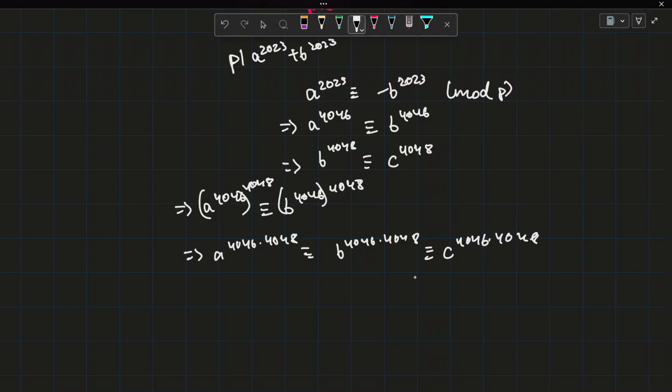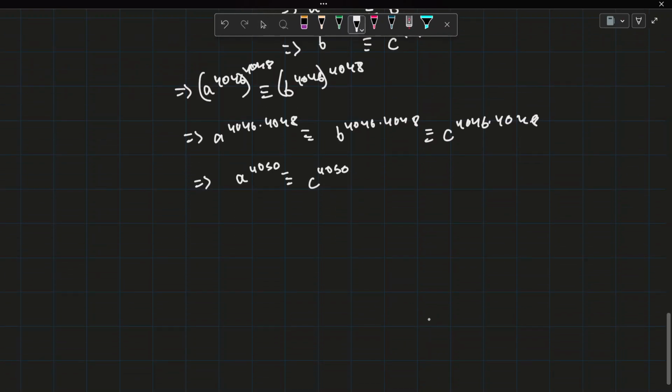So this is obtained basically by raising the second power to the power 4046 and comparing modular terms. And now from this we also know that A to the power 4050 is congruent to C to the power 4050 by the same step as done above.